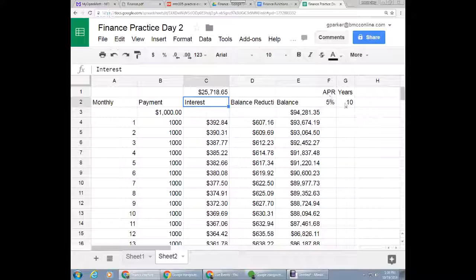Now that's only 10 years. Usually loans for a house are longer, 15, 20, 30 years. Do you think I'd pay a lot more interest over 30 years? I would pay a lot more interest over 30 years.